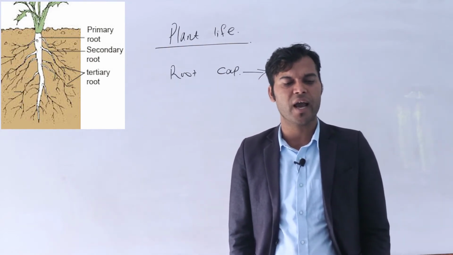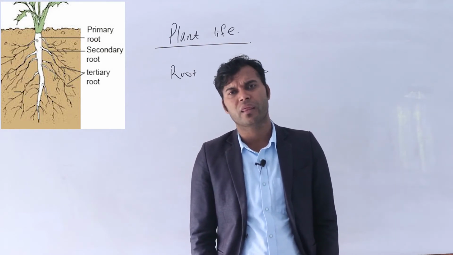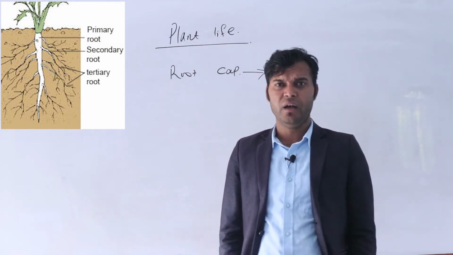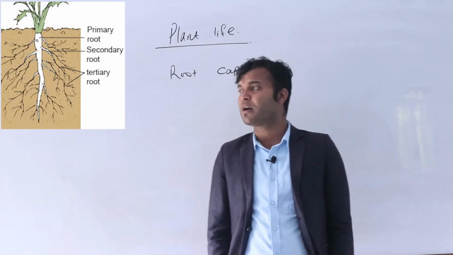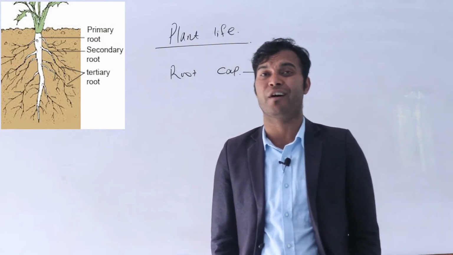the tap root system. The secondary roots are connected to the primary root. The developed parts of a primary root system are called the tap root system.